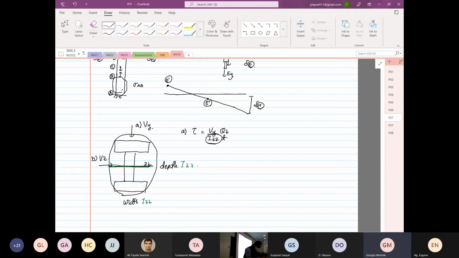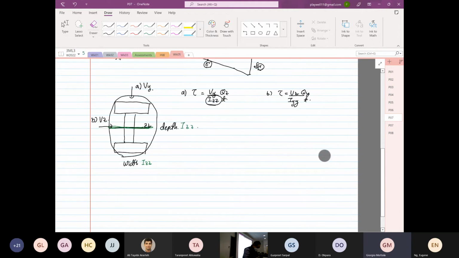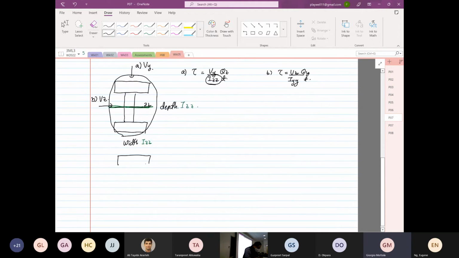For part B, the shear stress is equal to Vz over Iyy now, Qy divided by what? T. So now I do the same thing. Now let me draw on the other side.